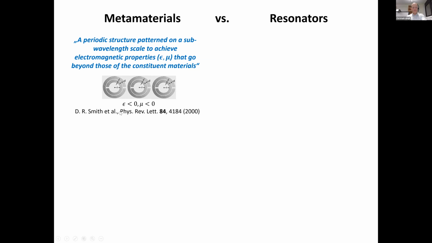Examples include a publication by Smith just a bit over 20 years ago, investigating the dynamics or the response of such resonator structures, an entire array of them, achieving simultaneously negative epsilon and negative mu.